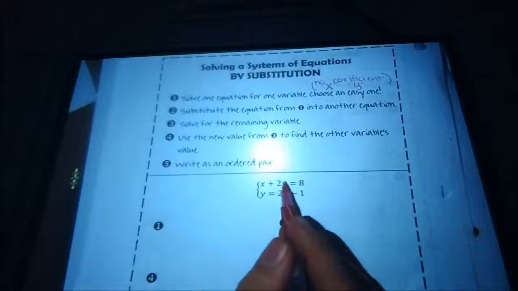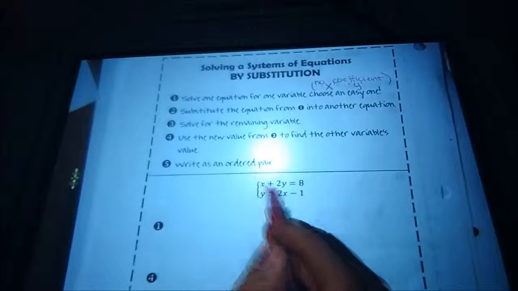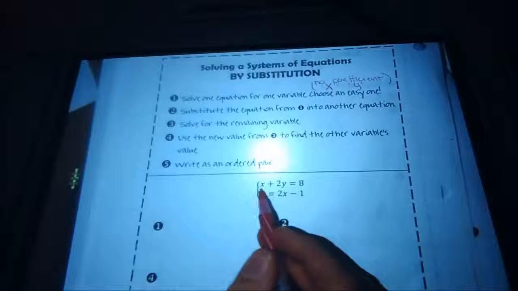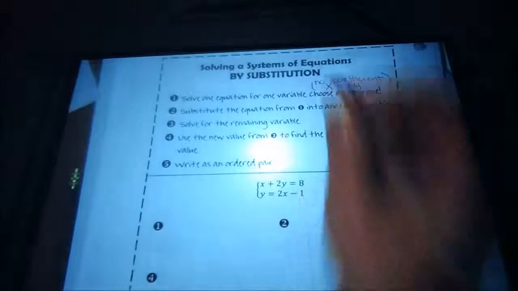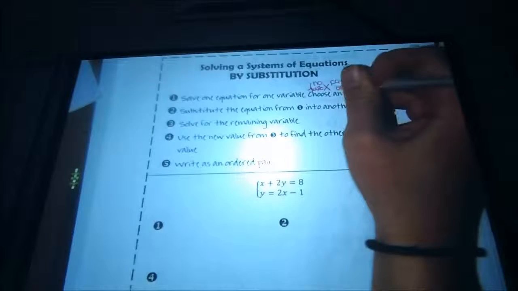You would absolutely never choose to solve for y in this first one because it would make your work more difficult. You would either choose to solve for x here or use this one that's already nicely set up for you, because there's no coefficient. It's just x or just y.